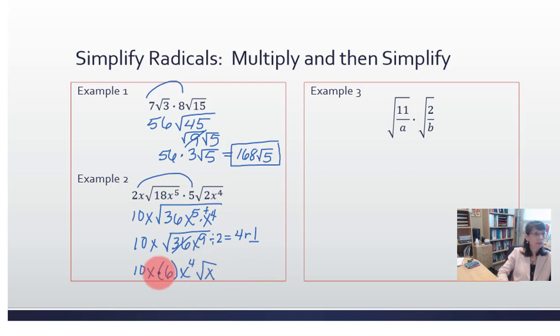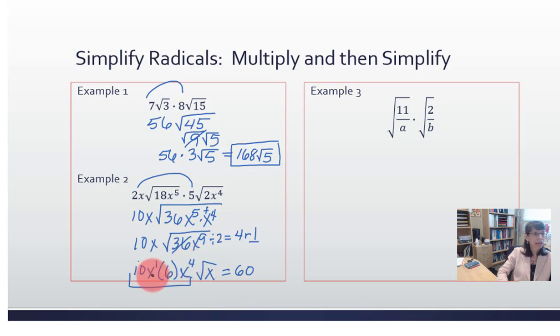So now we just have to simplify these terms that have cleared the radical and put them in order. So in terms of numerical coefficients, we've got 10 being multiplied by 6 to give us 60. And then our variable bases, x to the power of 1 is multiplied by x to the power of 4.